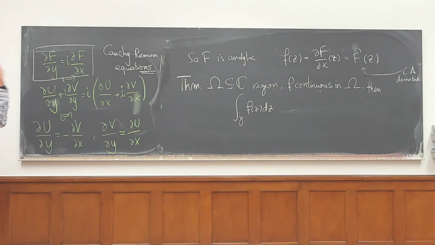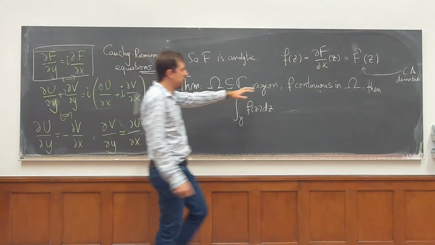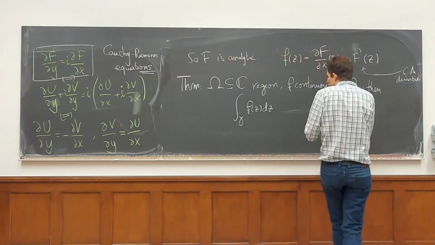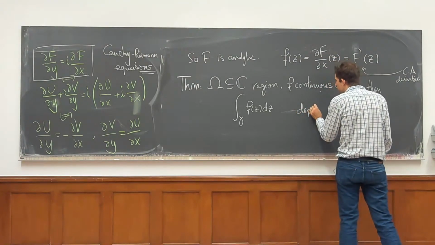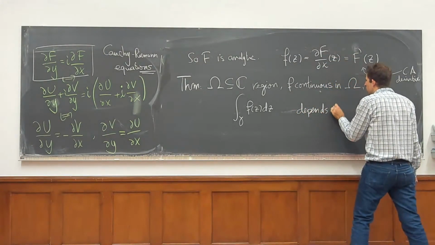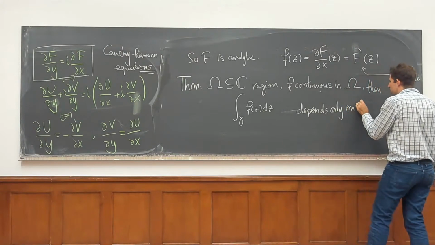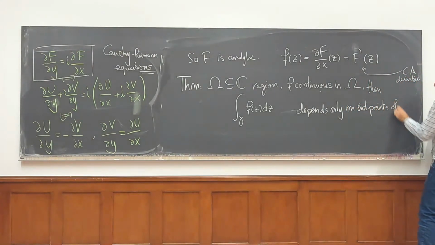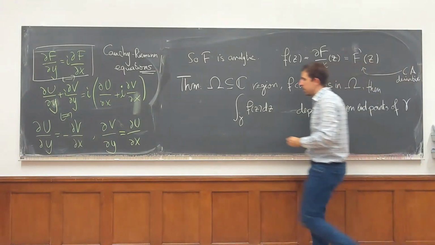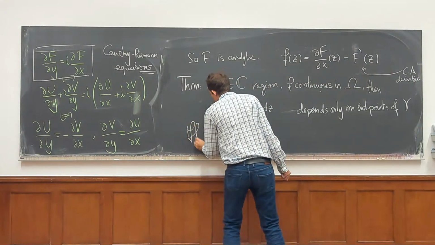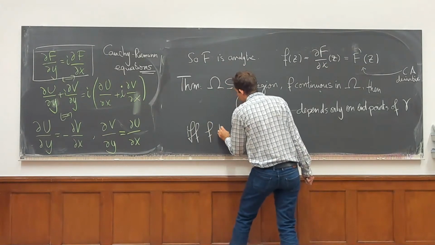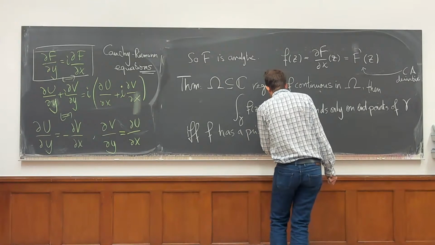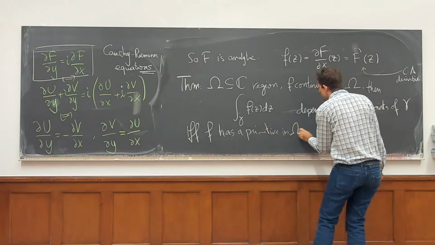So for a region with f a continuous function in the region, this integral depends only on the endpoints of gamma if and only if f has a primitive in the region.